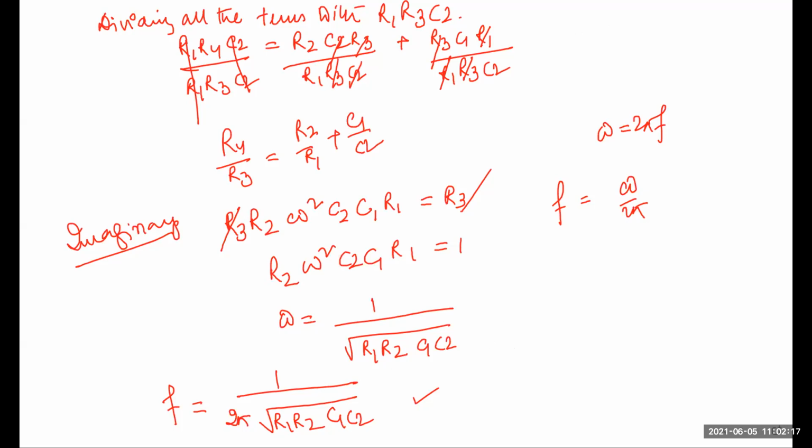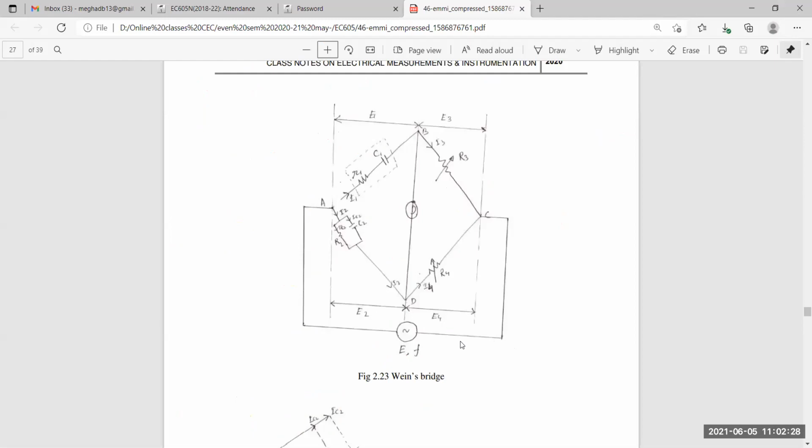Now let us move to the phasor diagram once. Here in this picture, the difference is nothing. According to my picture, what I have done on the whiteboard is that this total portion I did in R1, and this R1 C1 I shifted here in R2. This is the only difference, nothing else.